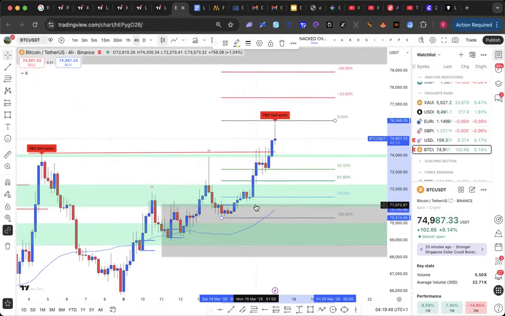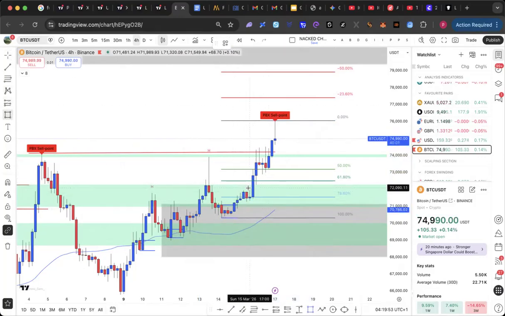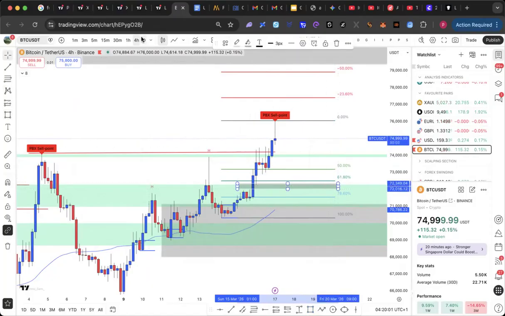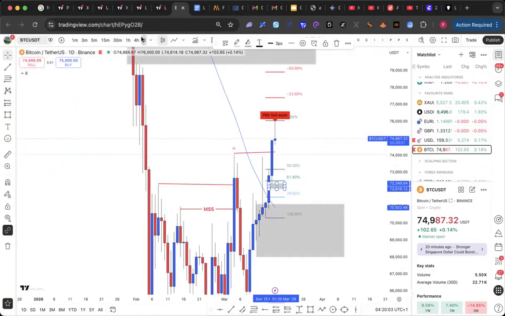And so that means we have this as a fair value gap, which probably aligns with the daily fair value gap. Let's take this. If I go to daily, can you see that? That was that fair value gap on daily equally. So let's go to the 4 hours.